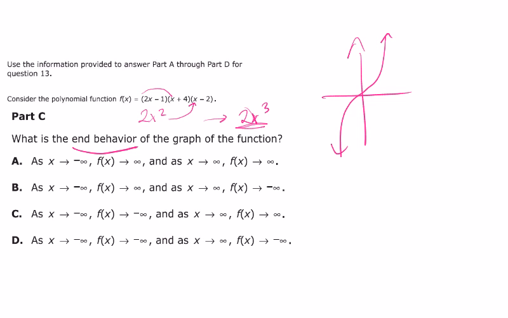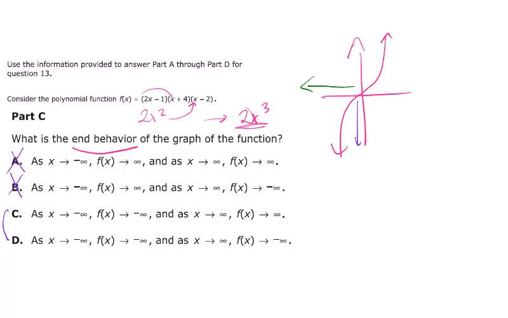Here I don't have any reflection, so the 2 is positive, and for the x, there's no negative inside with the cube, so there's no horizontal reflection either. That means this function is going to go up to the right and down to the left. So in other words, let's do this one first: as x approaches negative infinity, y approaches negative infinity. So it's got to be c or d, right? It's not these ones, because they're the opposite of what's happening.